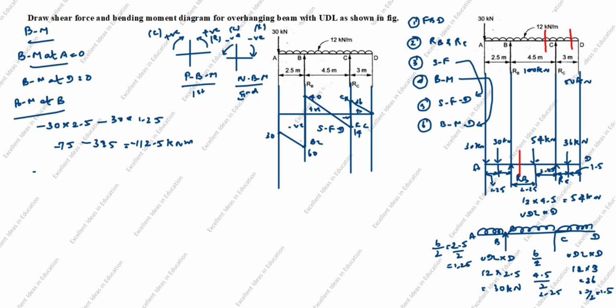Next, bending moment at C. C is here. From here to here we will calculate. You see the arrow comes down from here to here. You see left side is minus 30 into from here to C, 2.5 plus 4.5 is 7.